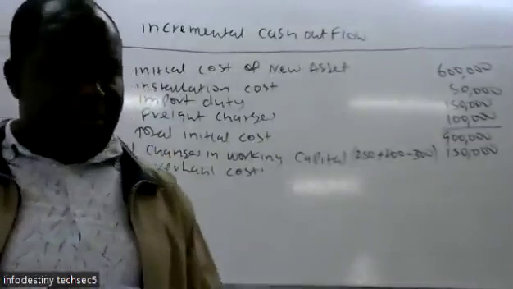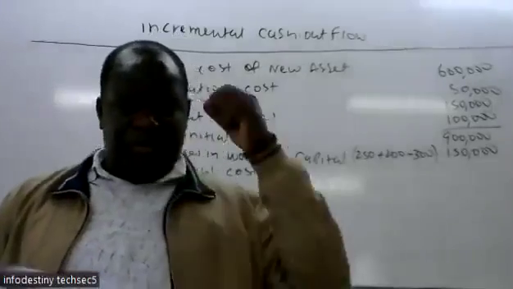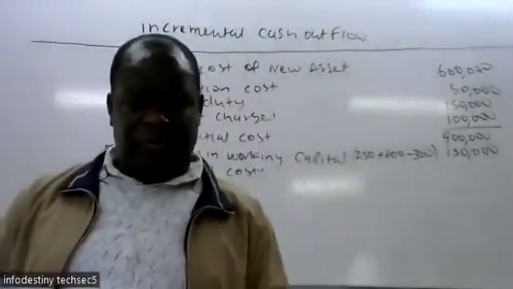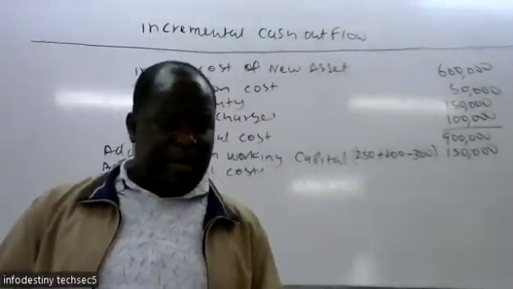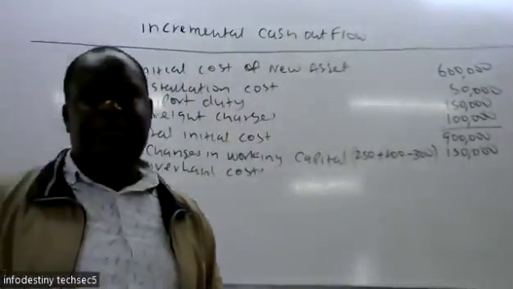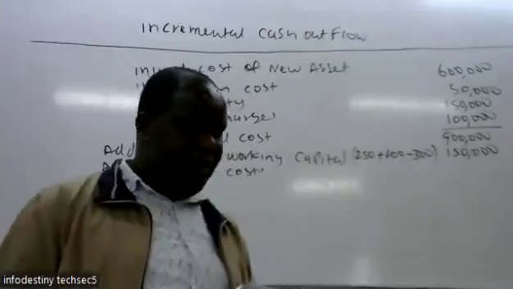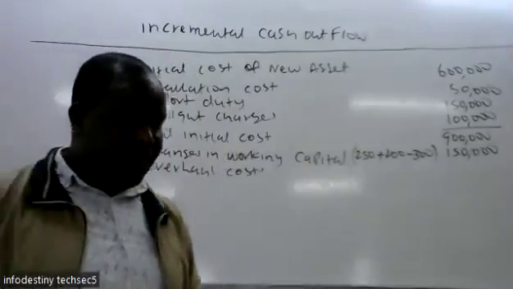But now when you go through the question, overhaul costs were not incurred in year 0. Overhaul is at the end of the 3rd year. So when it occurs in the 3rd year, we need to get its present value.